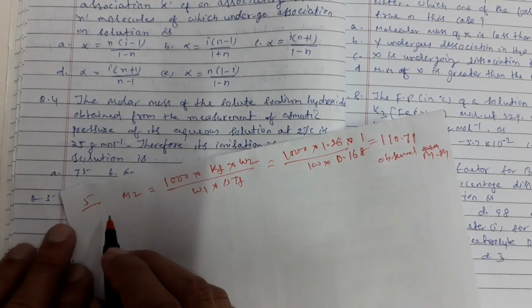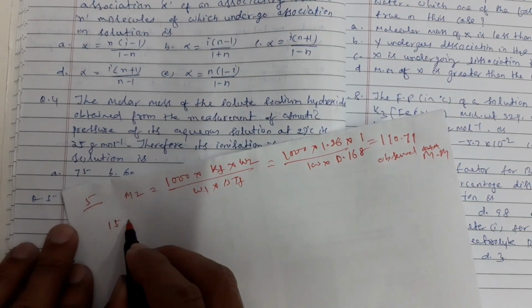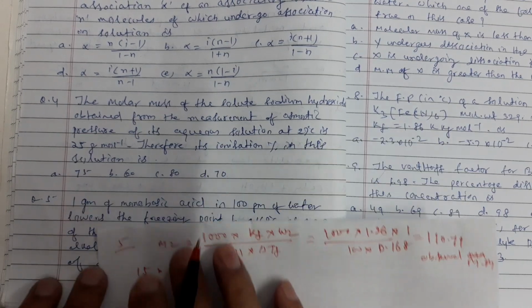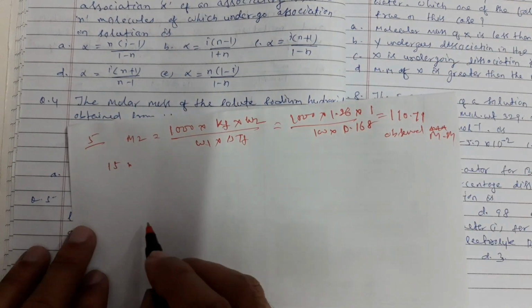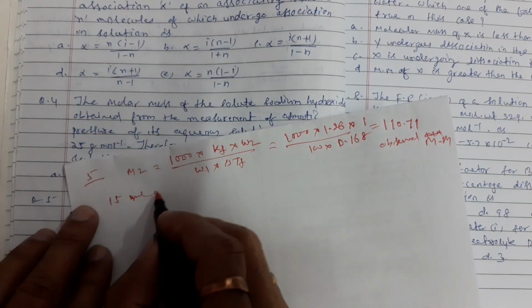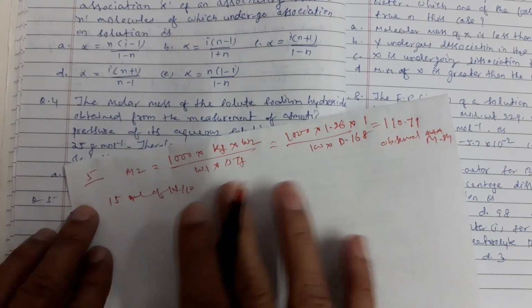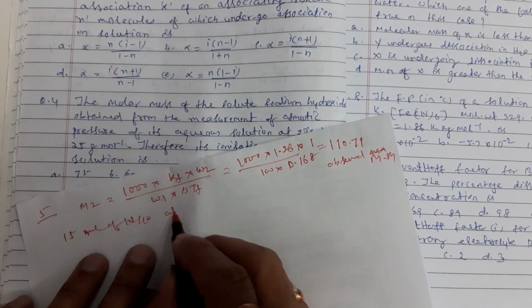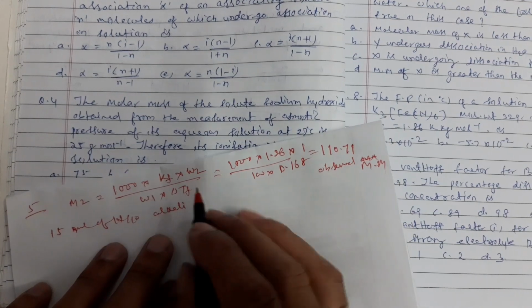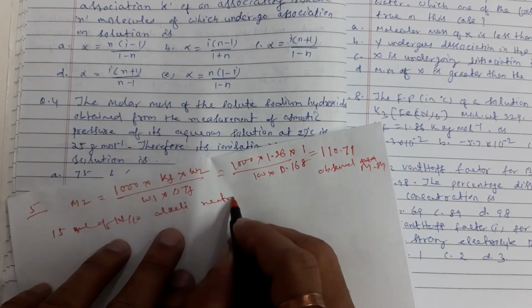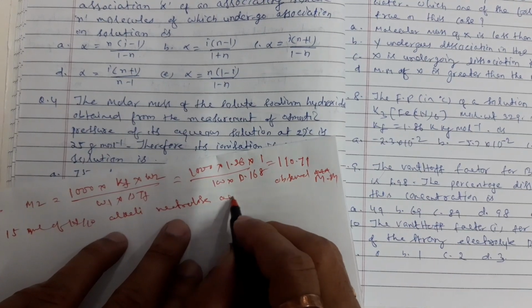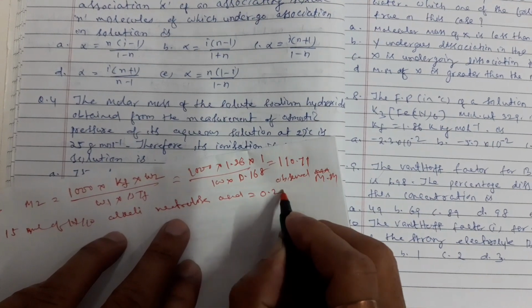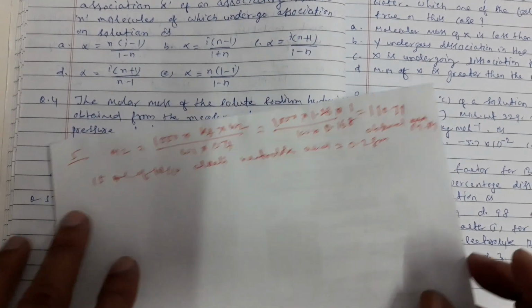The next part is your 15 ml. What is given? 15 ml of N by 10 alkali neutralizes acid equal to 0.2 gram.